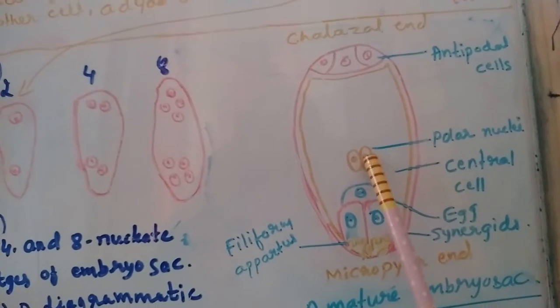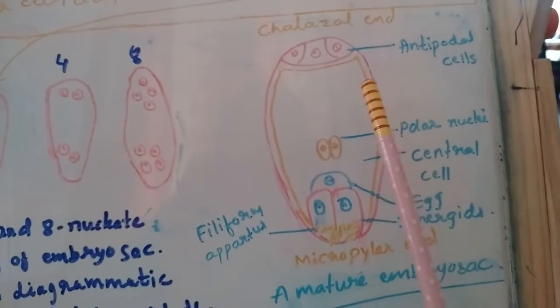So this is the structure of the mature embryo sac.